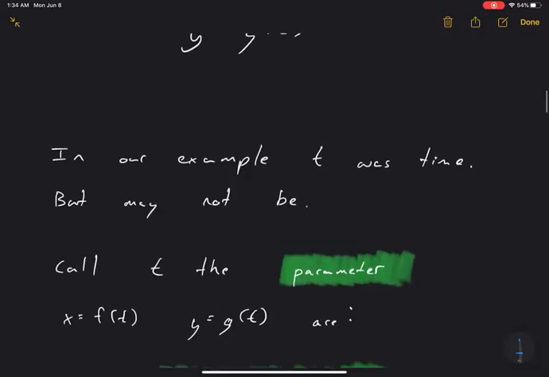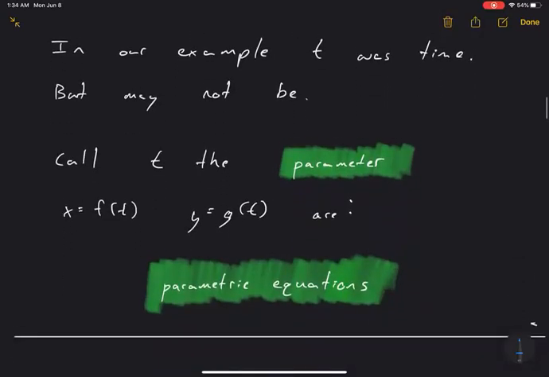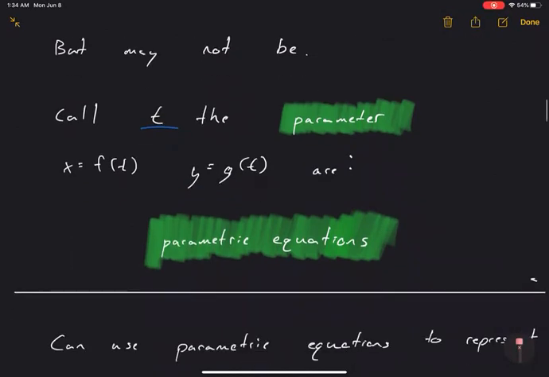And we're going to have these two equations here: x equals f of t and y equals g of t. Those equations we're going to call the parametric equations. So our t is our parameter, and these equations are the parametric equations, meaning x is a function of the parameter and y is a different function of the parameter. Okay.